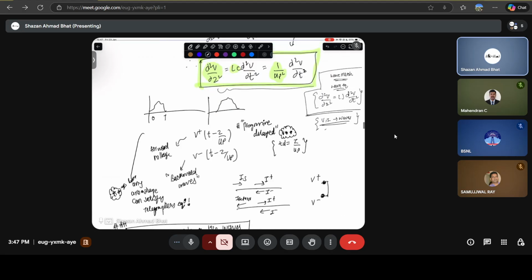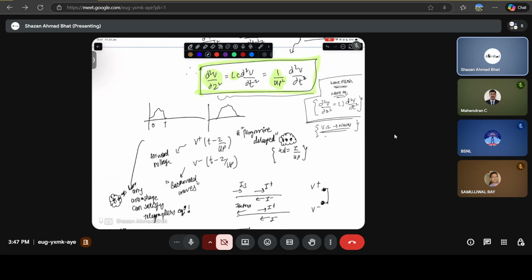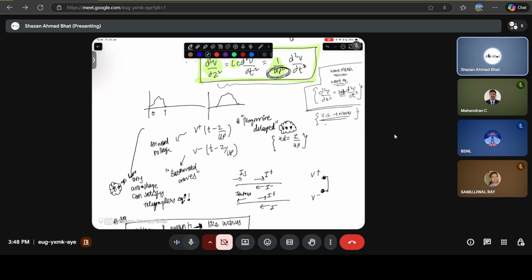This LC, which you may denote as 1/u_p squared, acts as a measure of how fast the waves are moving in this transmission line. That's why there's a velocity term here.